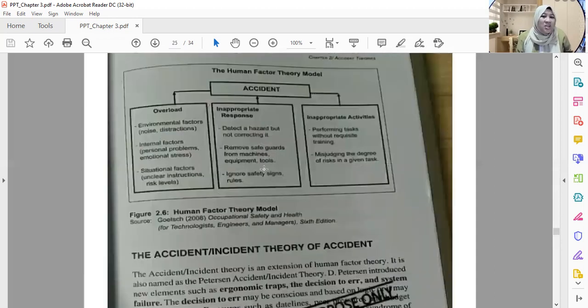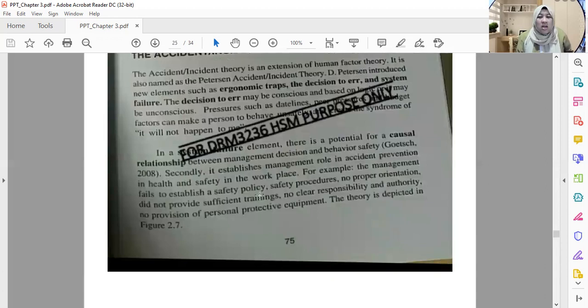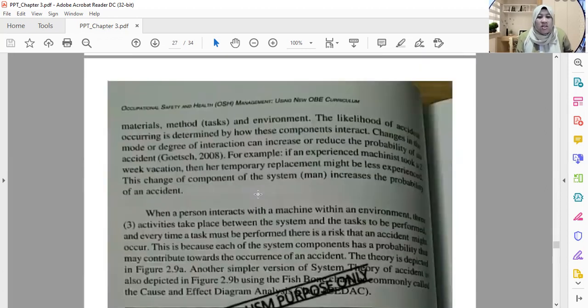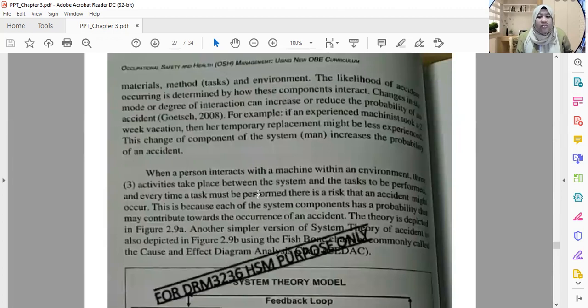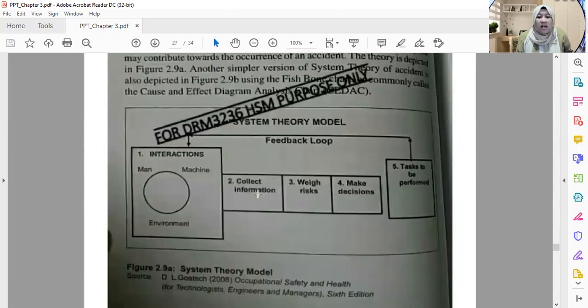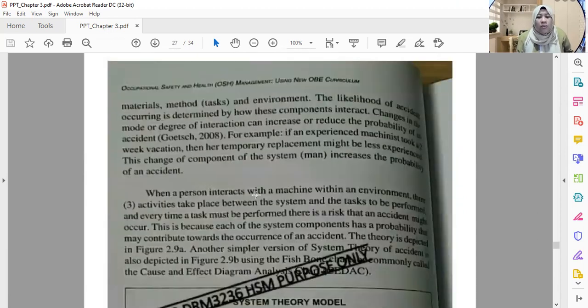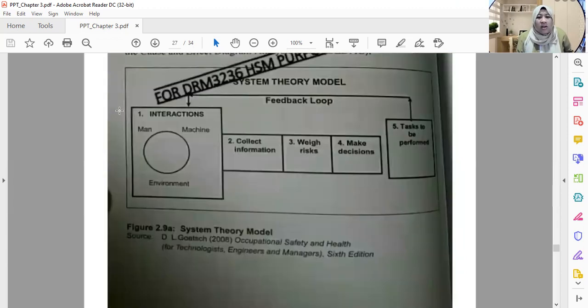So these things, 1, 2, 3, have been summed up in there. Alright, so what is this? I think this is regarding the system theory model, which has interaction between man, machine, and environment, and how the system theory model functions.